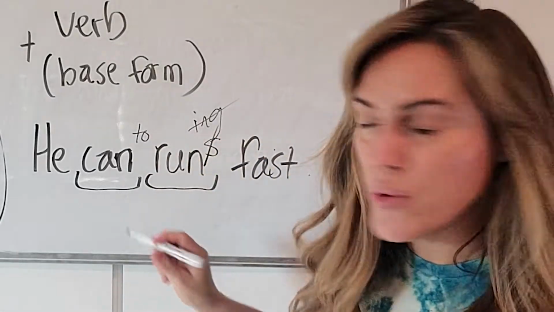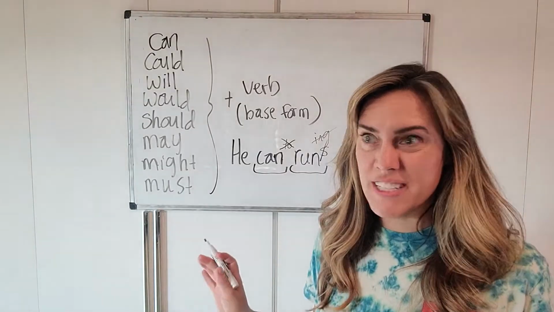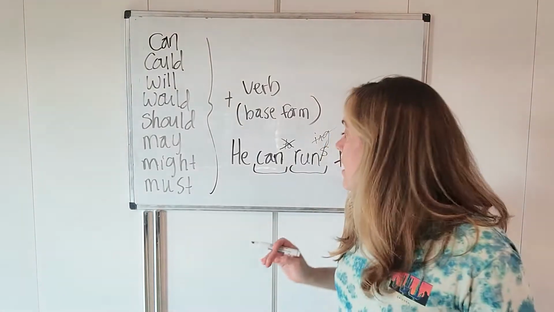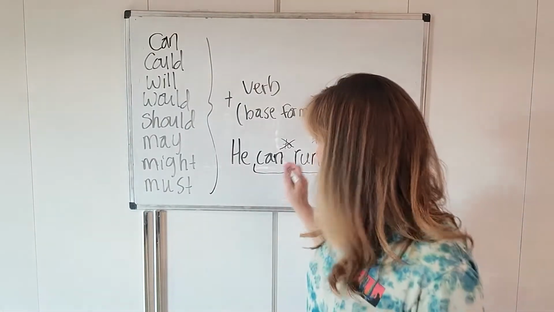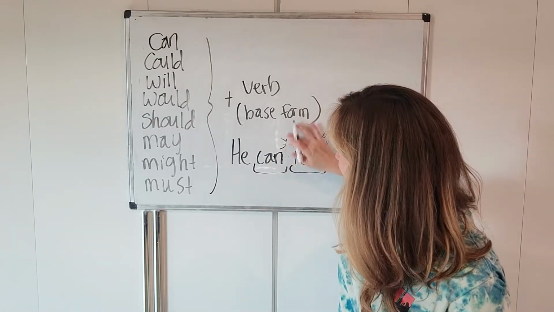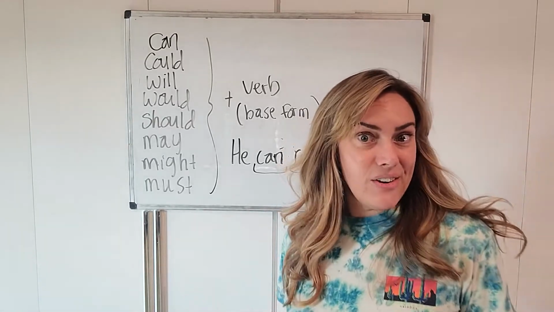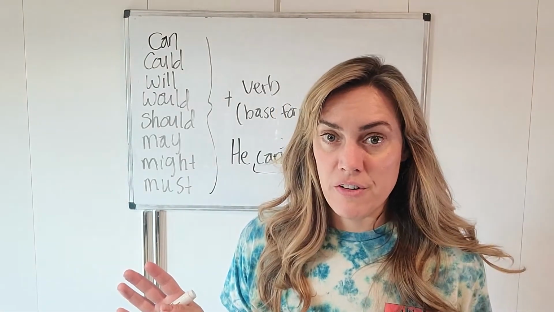He can to run. Nope, nope, nope, nothing. Just the simple base form. Isn't that great? Makes it easy. And also, we don't put S's or EDs or anything on modals either. You always need to have a modal and then the base form of the verb.